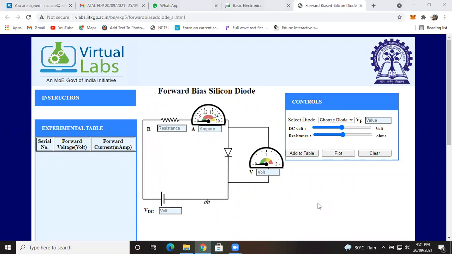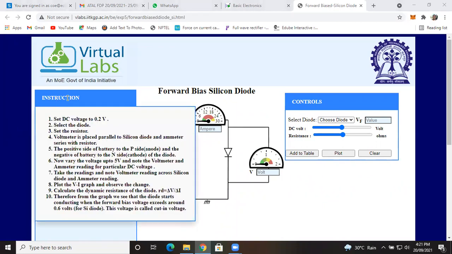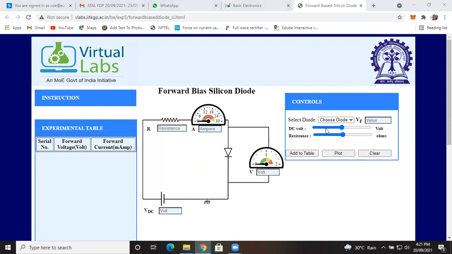Now see, the first instruction is to set the DC voltage to 0.2 volt. First I will select the PN junction diode. If I select the PN junction diode, this is the title of that diode, 1N4001.